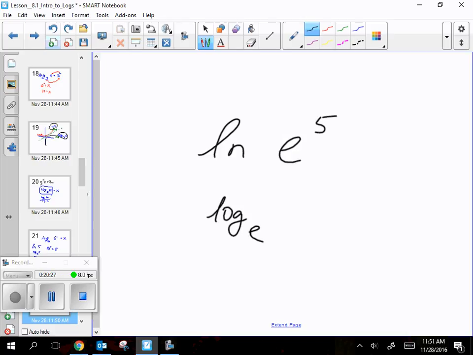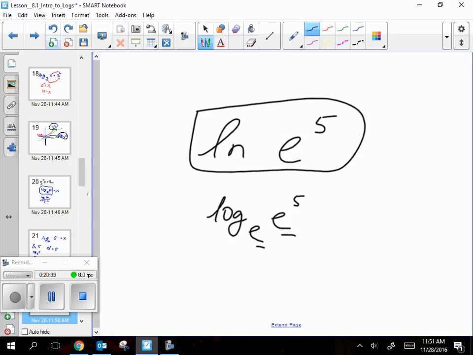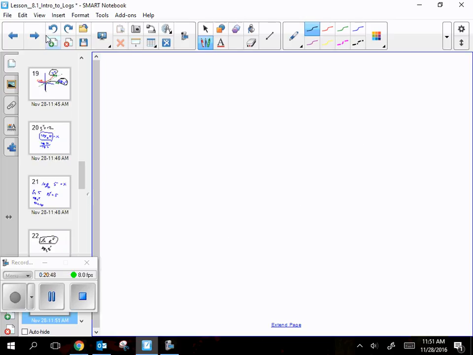Of e to the 5th. And now, doesn't it become obvious? These are the same, and therefore the answer is 5. But looking at this one, you can't just see the answer is 5. So whenever there's a missing base, that's the key. That's the trick to the question. All right, a few more patterns.